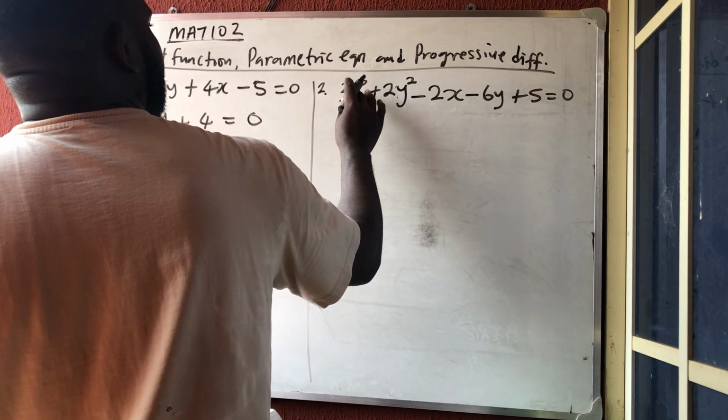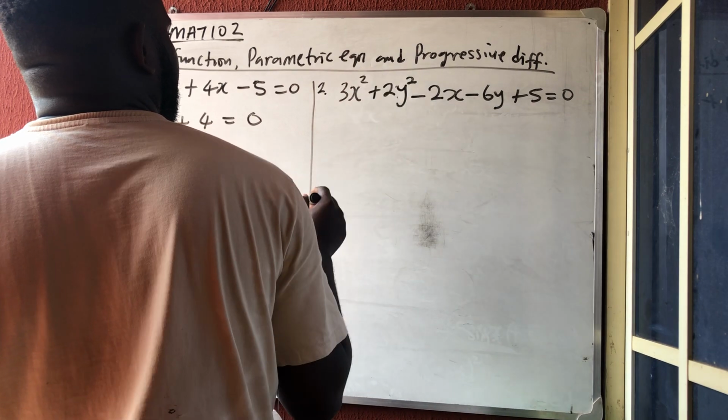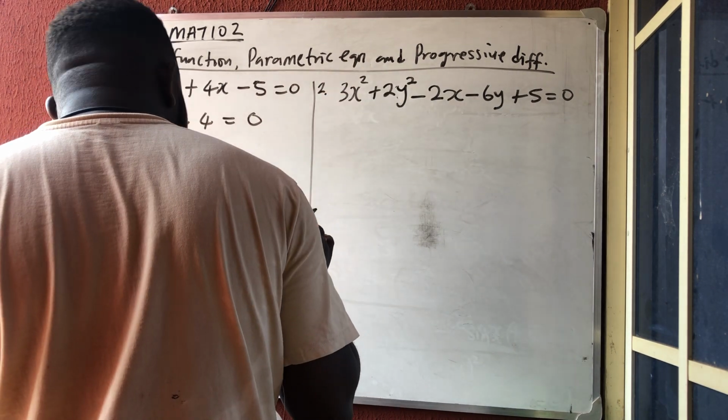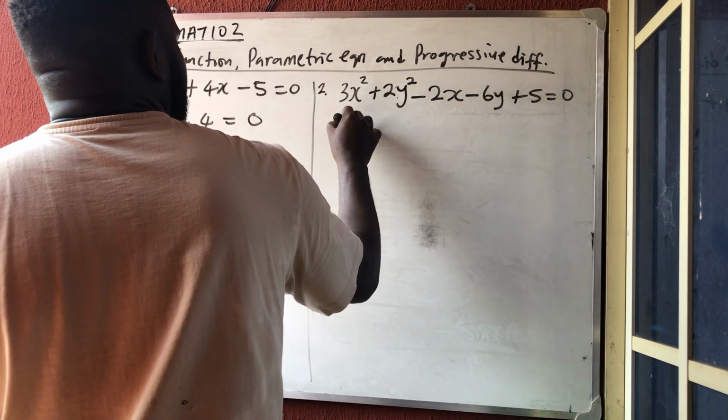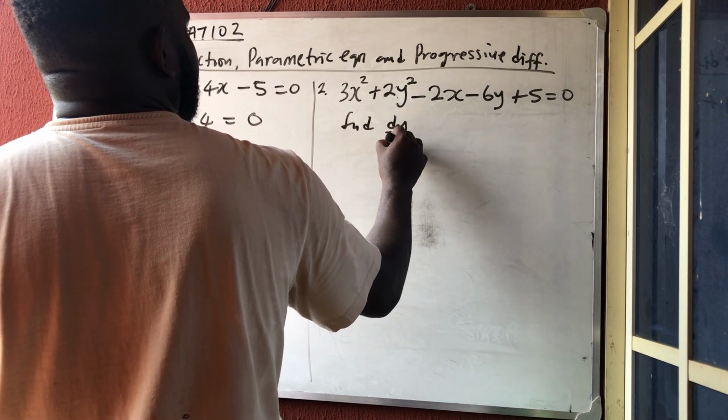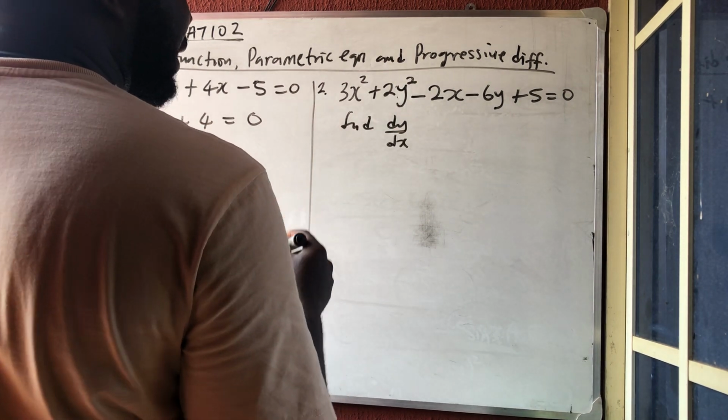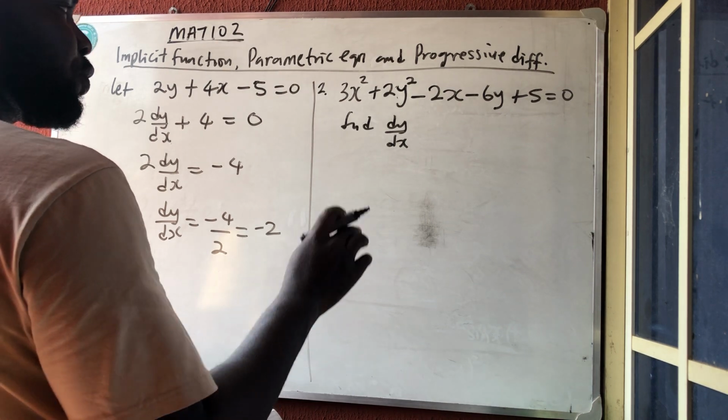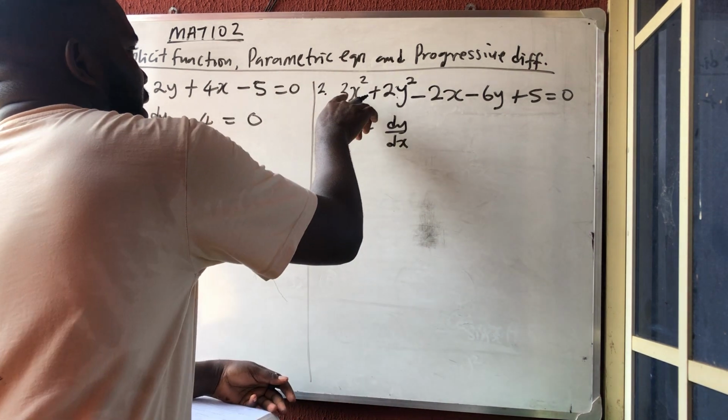Sorry, this is raised to power 2. Find dy/dx. Very simple. Like I told you, anywhere you differentiate y, just put dy/dx. That's all. So let's go again.